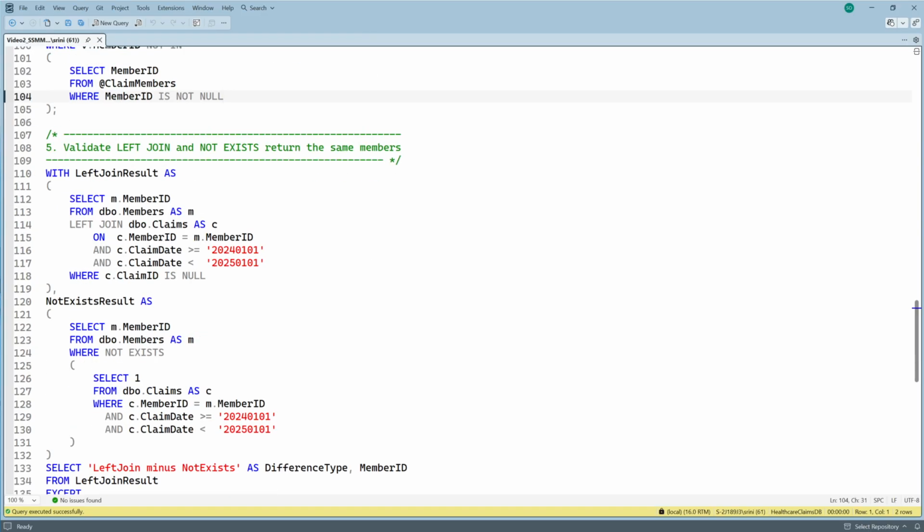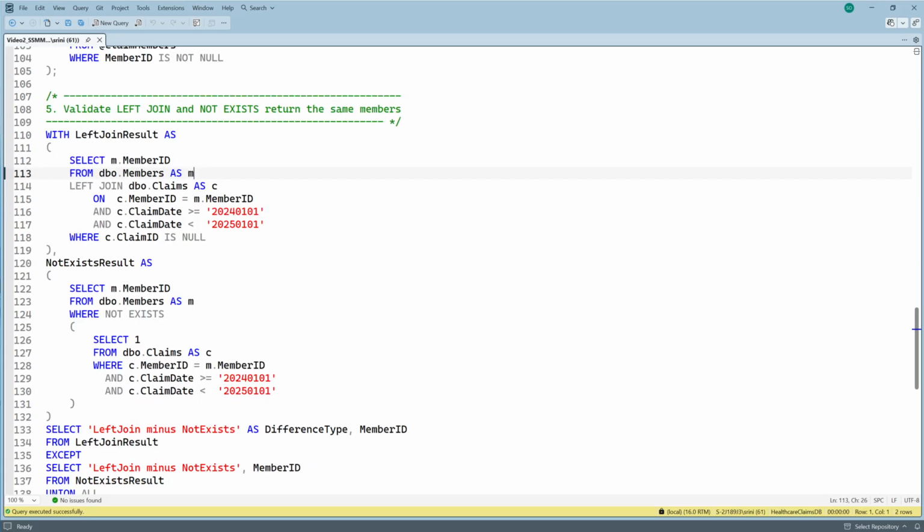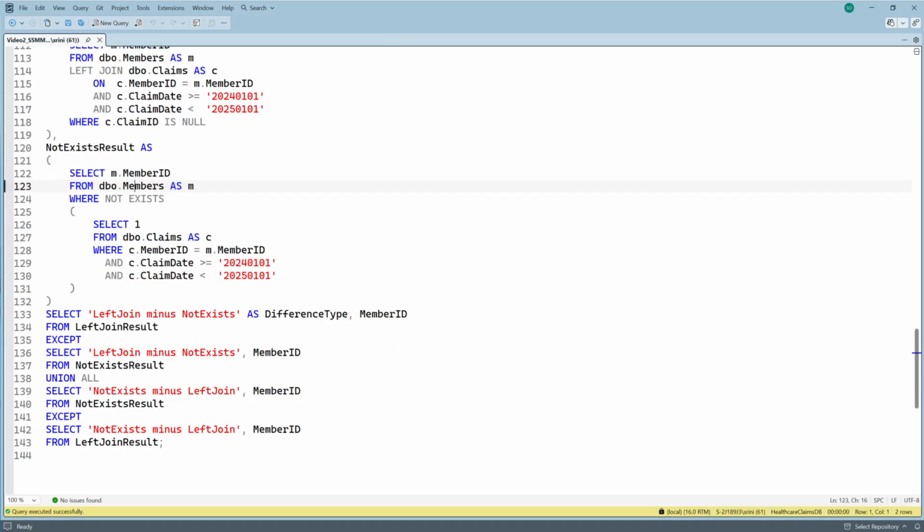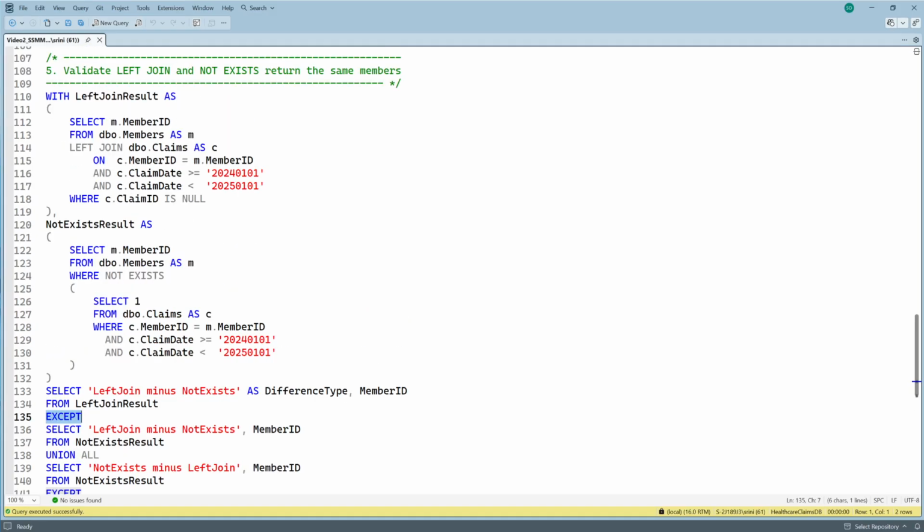Finally, I do not want to assume the two methods are equivalent just because they look equivalent. I want to validate them. I create one result set using left join plus IS NULL and another using NOT EXISTS. Then I use EXCEPT in both directions to find any member ID that appears in one result but not in the other.